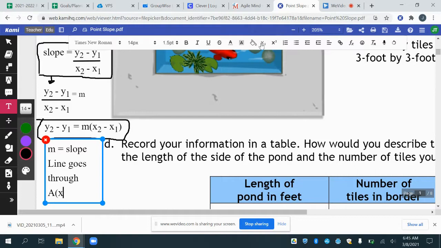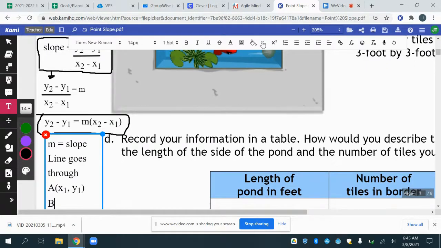I don't really care what the name of the point is. It could be A or B or C, or not even have a letter name. The line goes through the point with the x and y that are the first point, and it also goes through another point. So all of these numbers are what plug in.